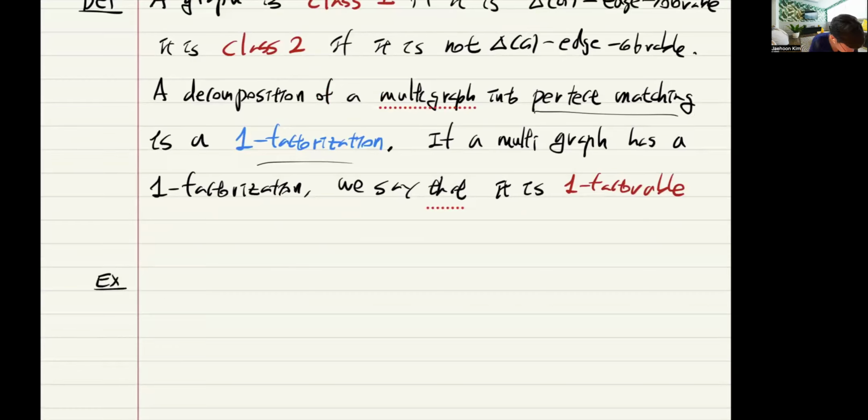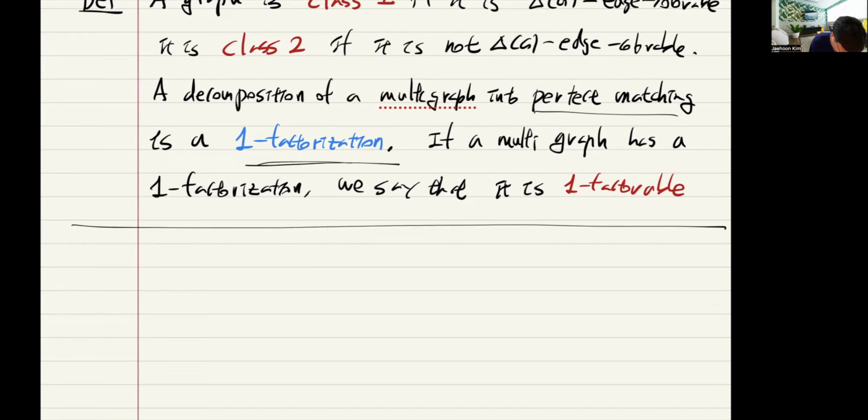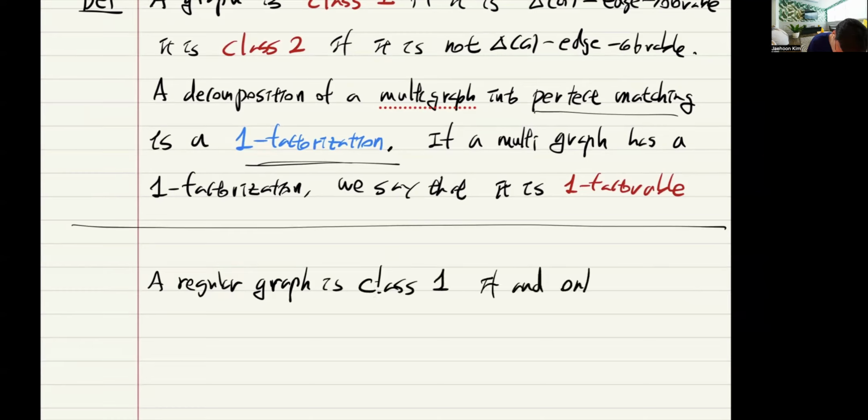Okay, let's consider some examples. With this definition of one-factorization, we know that a regular graph is class 1 if and only if it is one-factorable.